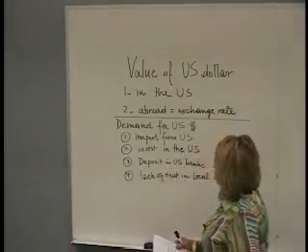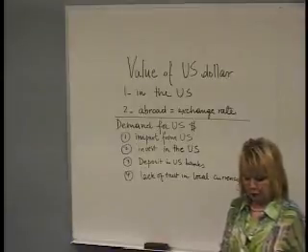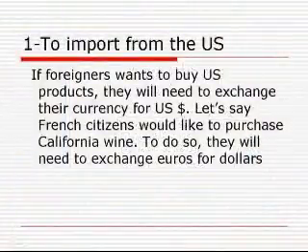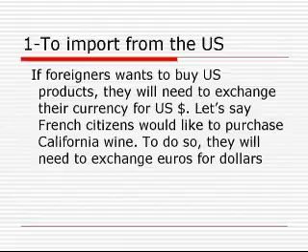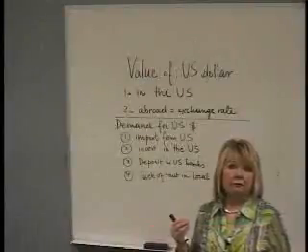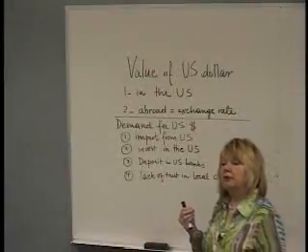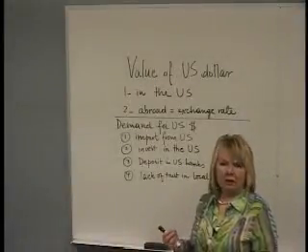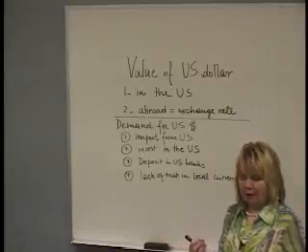So let's see what happens when they are importing from the US. If foreigners want to buy American products, then they will have to increase the demand for dollars. So they are going to be increasing the supply of euros and increasing the demand for dollars, which means that they're going to be exchanging euros for dollars. So let's say that citizens in general would like to purchase California wine.